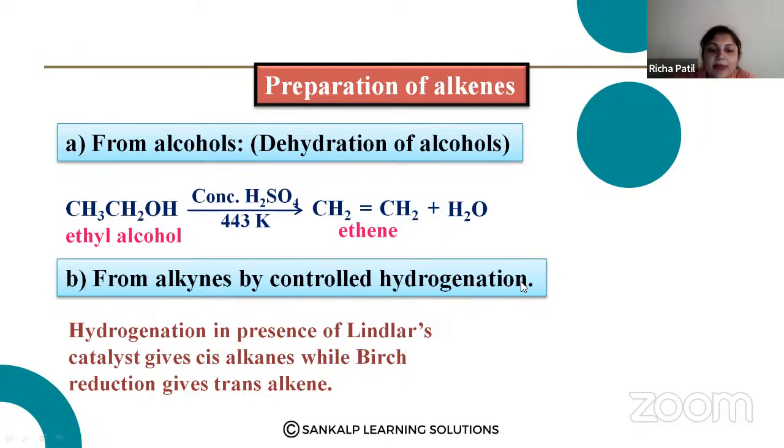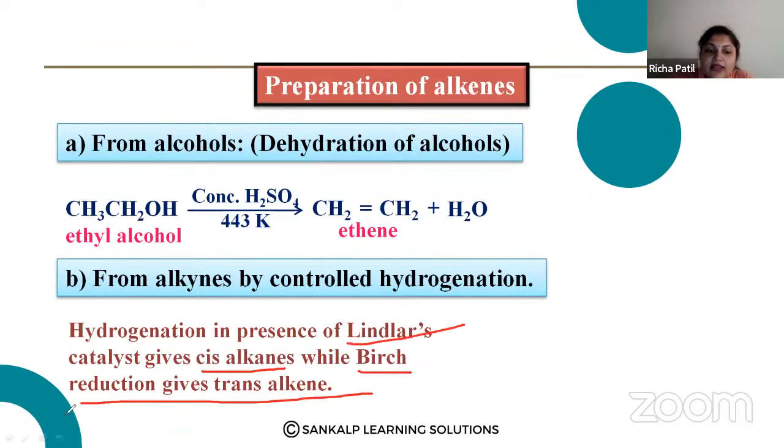Then from alkynes, by controlled hydrogenation. By controlling the conditions, you can form alkenes. Hydrogenation in the presence of Lindlar's catalyst, remember this, it is very important, gives you cis alkene, while Birch reduction gives you trans alkene.